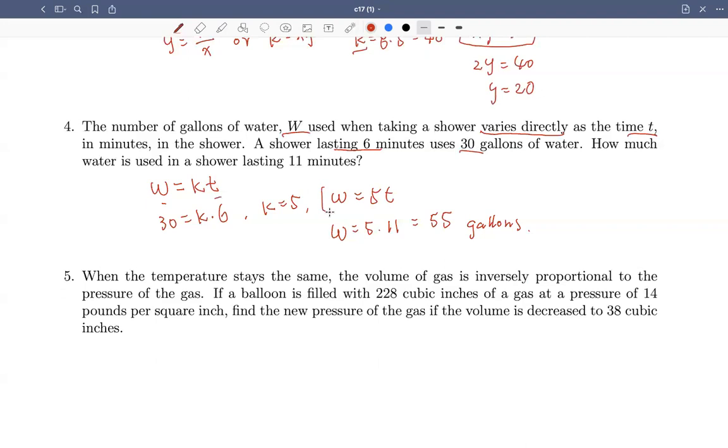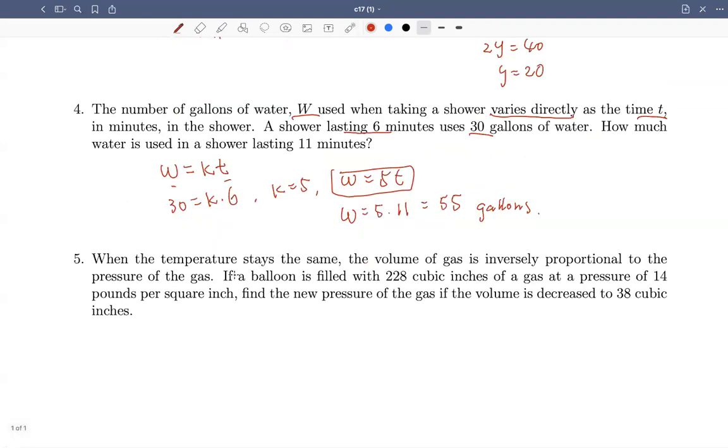So we get a specific formula, W equals 5T in this case. Then to answer the question, how much water is used in the shower lasting 11 minutes? W, water in gallons, equals 5, the constant K, multiplied by 11 minutes, which is 55 gallons.